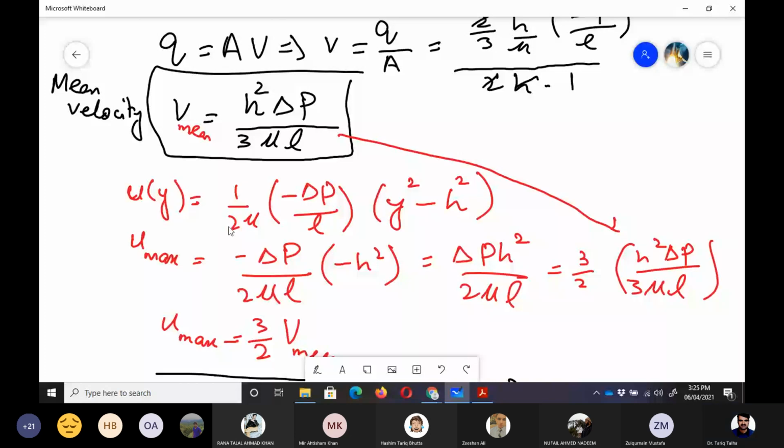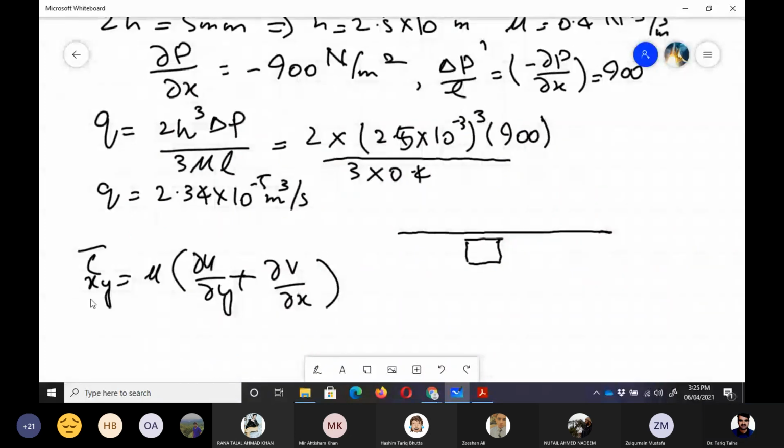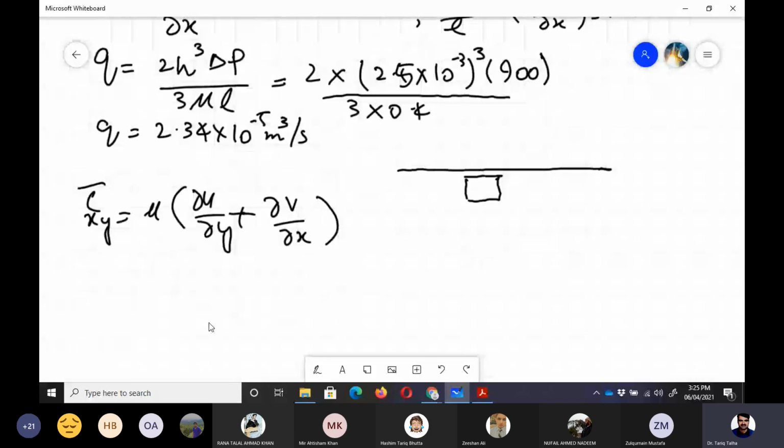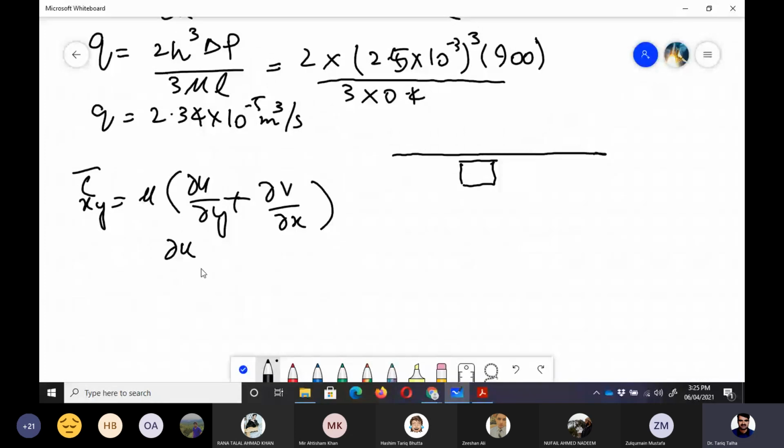So partial u by partial y would be equal to minus delta p upon mu L into y, which is due to the differentiation with respect to y.